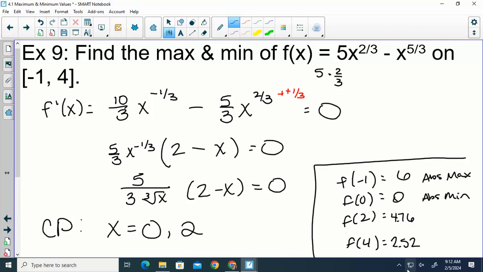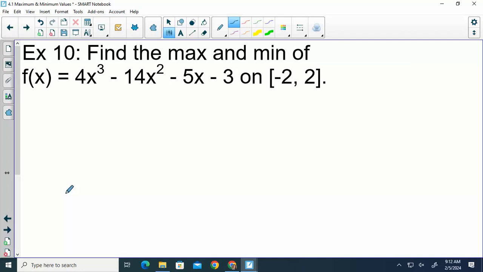Let's try one more, but you guys have to tell me what to do here. Find the derivative, first step. What is the derivative?